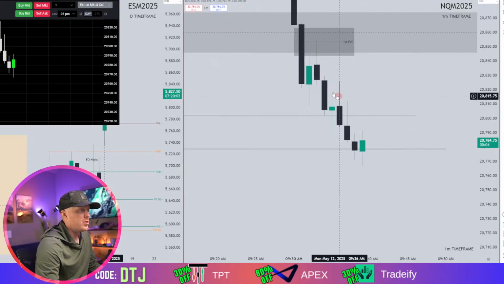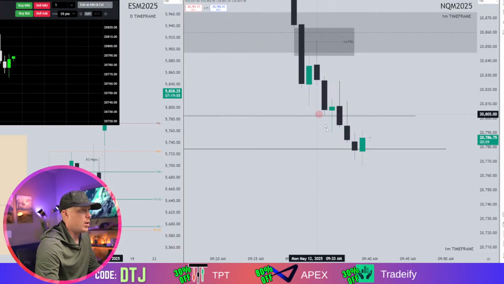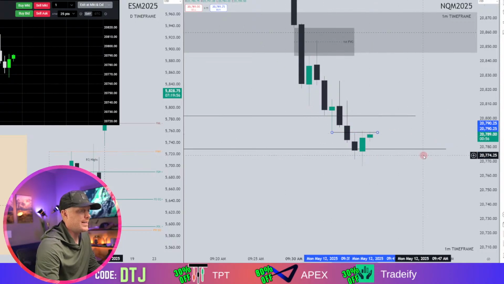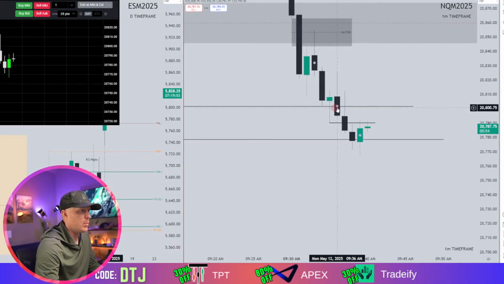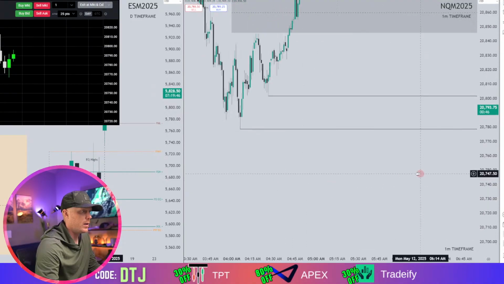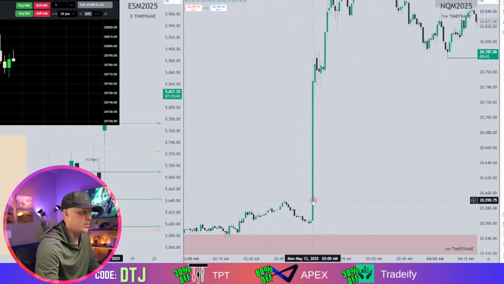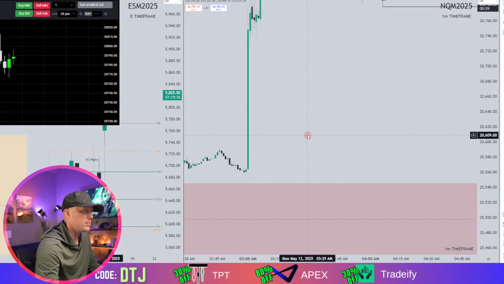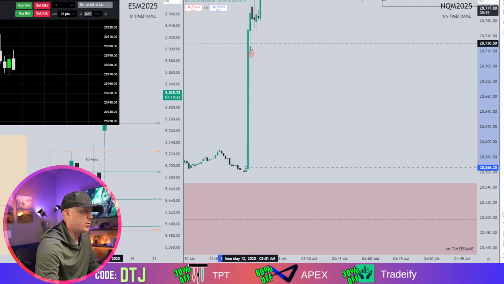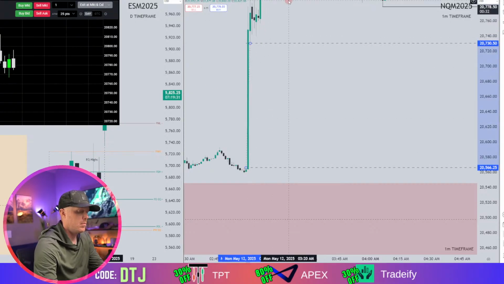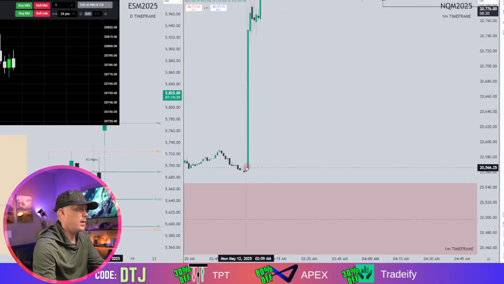So price has been respecting every single up closed candle, and here would be another potential one right here. I doubt it. I would say I want to see this one break because we just hit our last point of support before the big candle over here. Before we start seeing that candle right there, we got this news candle at 3 a.m. So we probably should break this candle into quadrants.